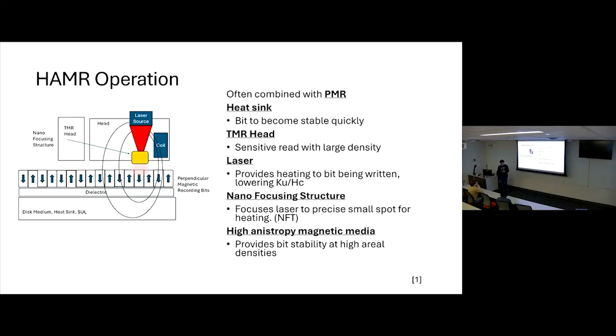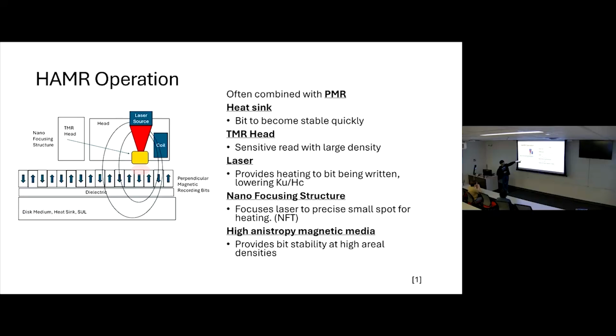So hammer consists of a heat sink, TMR head, laser, nano-focusing structure, and the use of a high anisotropy magnetic media. How it works is that you have a TMR head, which is pretty typical with modern PMR HDDs. You would use a laser.